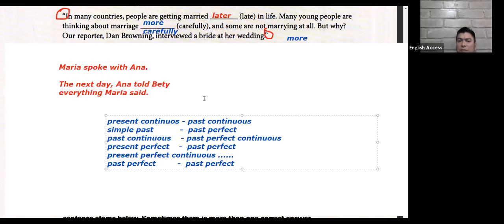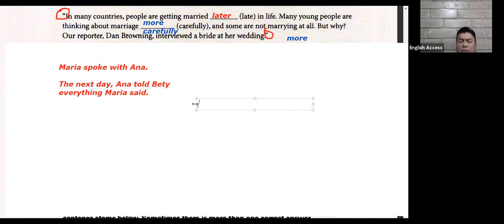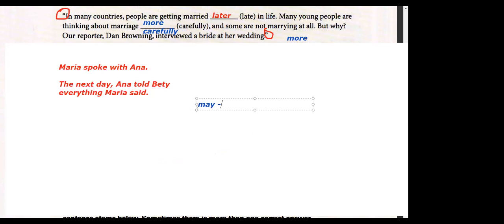Okay. Modals. The modals change. Continuous, and then we got past perfect continuous. Give me a second. I'm just writing down everything. So, those are modals.